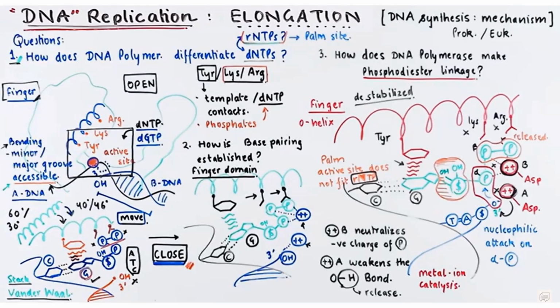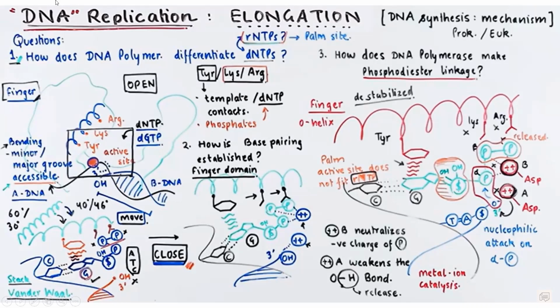Let's also complete the picture of the GTP here, since it comes with a sugar and three phosphates. This picture in this slide is not complete without the daughter strand, which has the 3' hydroxyl ready to accept the GTP.